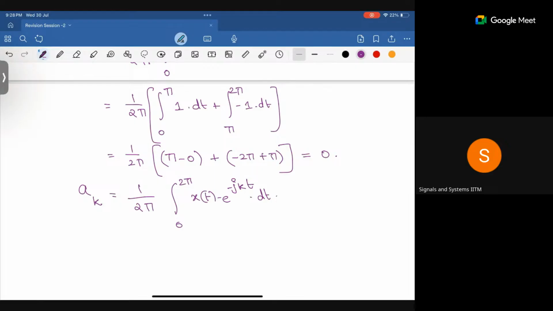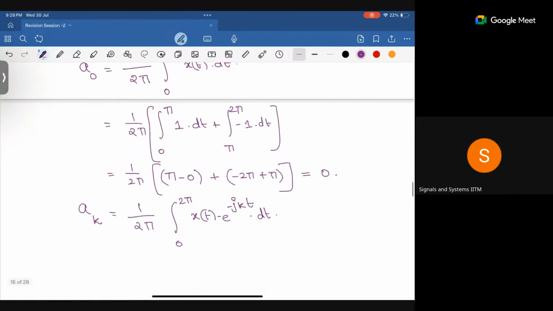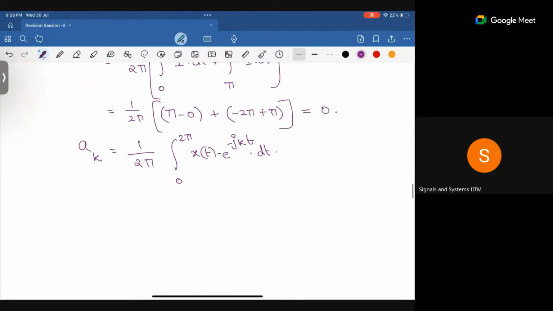I didn't write omega naught because omega naught is 1, because the time period is 2 pi. So again, split this integral: 0 to pi, this is 1 e power minus j k t dt plus pi to 2 pi, this is minus 1 e power minus j k t dt.